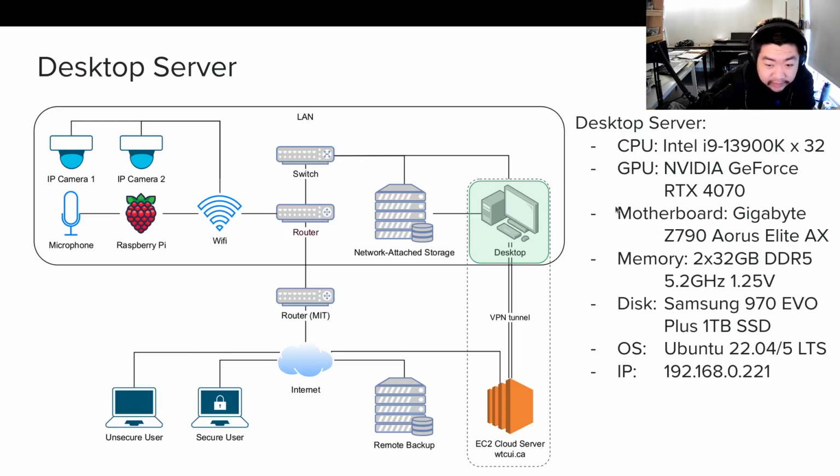This is my motherboard. Memory, I have 64 gigs at 5.2 gigahertz frequency. I have a 1 terabyte SSD. This is the model. OS: I'm running Ubuntu 22.04. I've been pressured to upgrade to Arch, and maybe someday I'll actually do that.